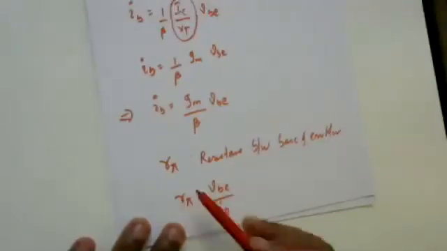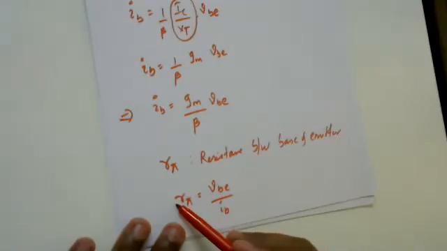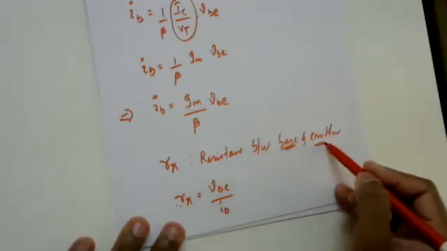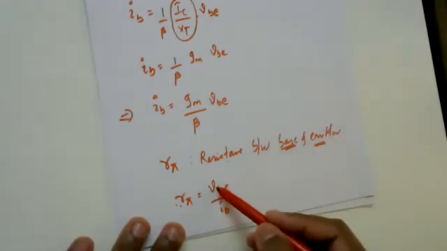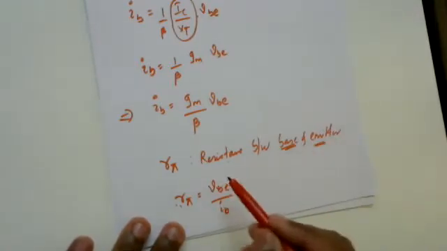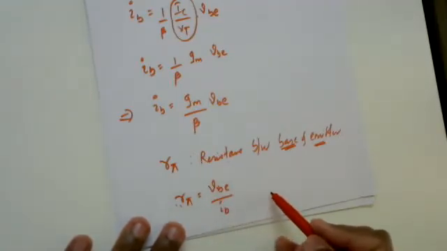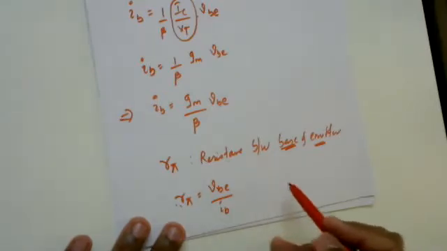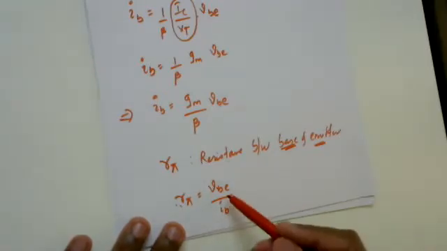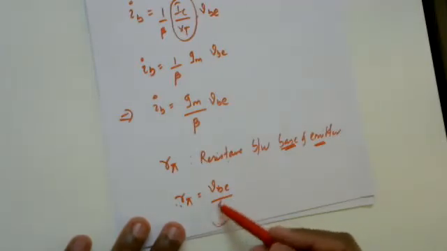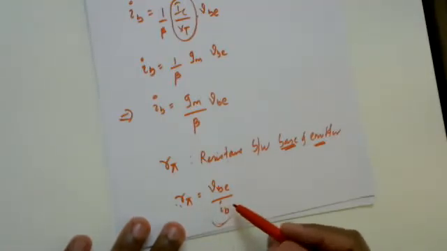So what kind of resistance is it? It's a resistance which is seen between the base and emitter. Then the potential I'm going to consider also has to be between the base and the emitter. And this ib is nothing but your AC biasing current, an AC component of your biasing current.